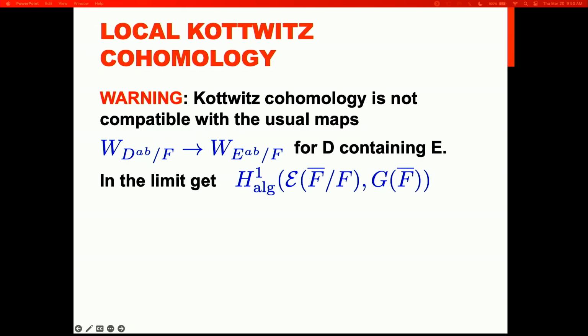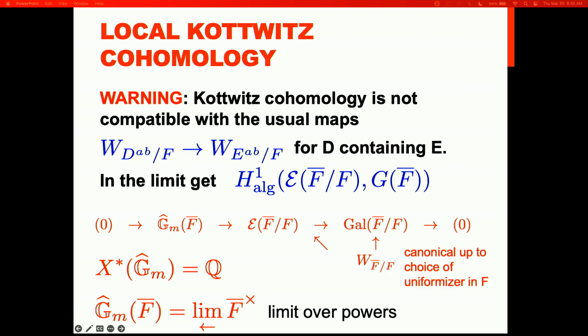If one can, though, of course, there is a way of comparing the cohomology for different extensions, and if one tries to patch them all together, then one obtains some sort of cohomology theory for a different group, a group which is an extension of the Galois group of F bar over F by the protorus that has co-character group Q, the inverse limit over G_m of the nth power maps for all n.